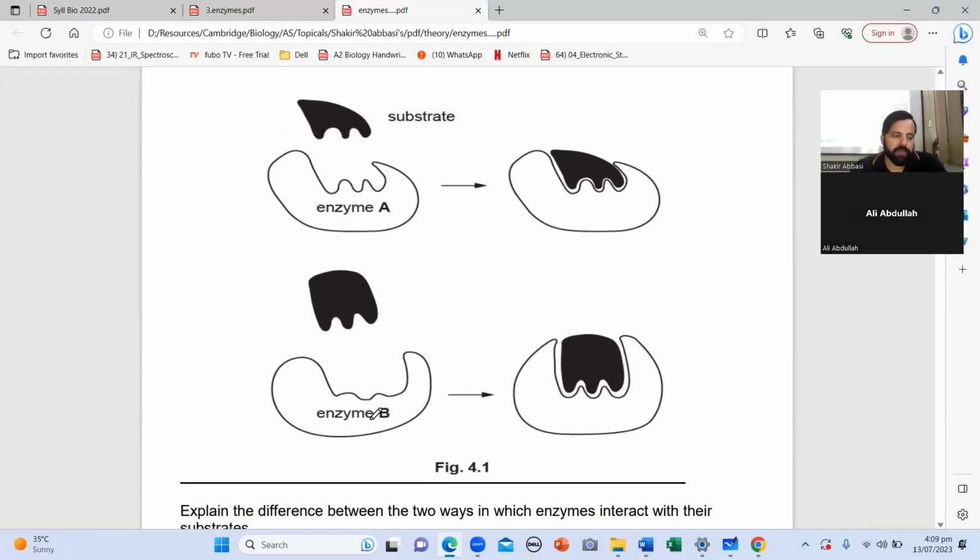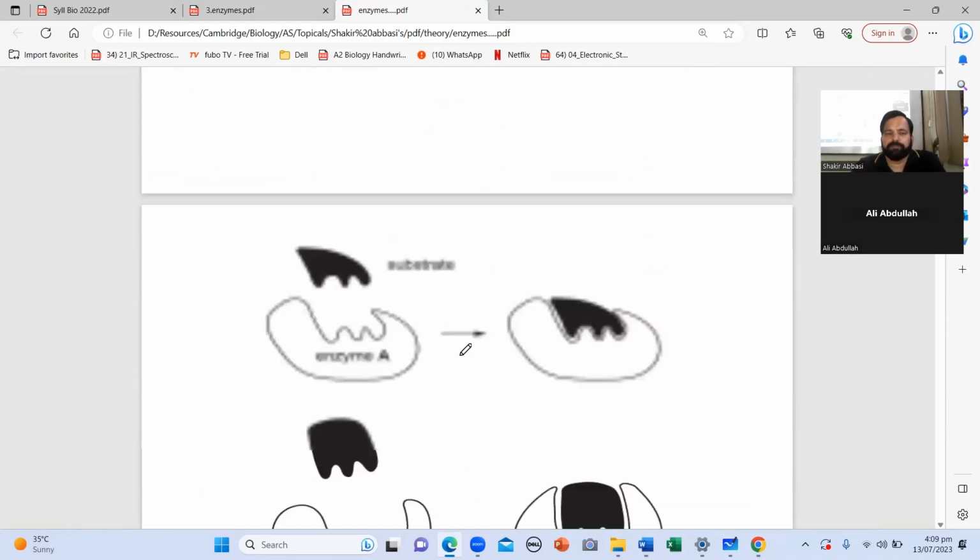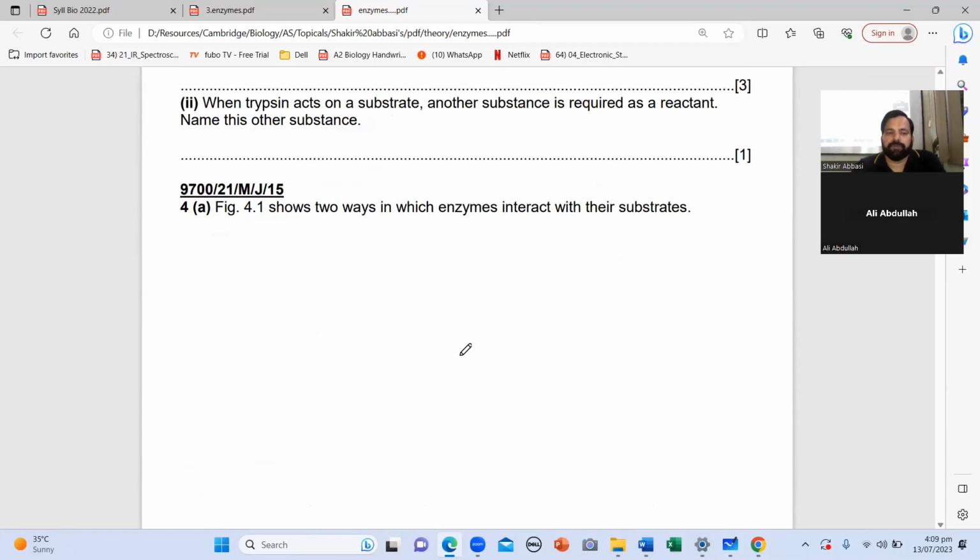She says enzyme B works by induced fit because, look, initially its active site was not compatible with the substrate, but after the substrate fits, it changes accordingly. But this one was already complementary to the substrate. So the question is for 3 marks, paper June 15.